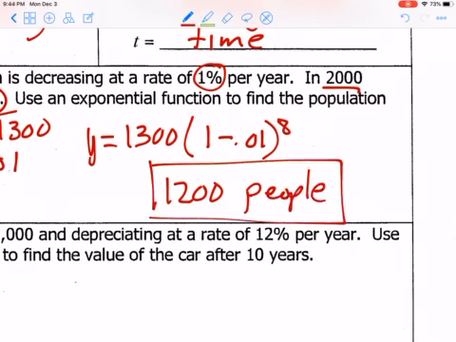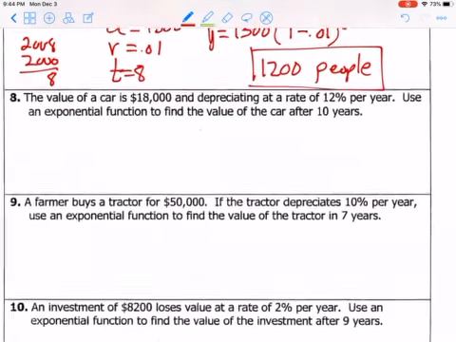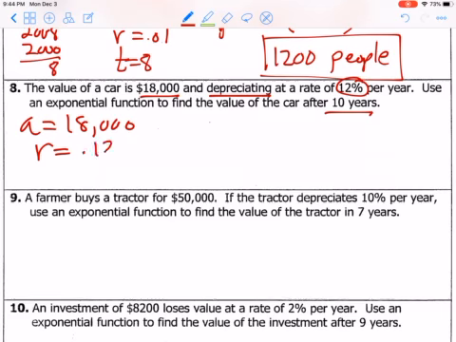Most of the decreasing is going to involve populations. There's some that's going to involve money, but most are going to involve population. Now, number 8 involves money. The value of a car is $18,000. There's our initial, and it's depreciating. That means it's decreasing at a rate of 12%. What would it be worth after 10 years? So our A is 18,000. Our R is 0.12, and our T is 10 years.